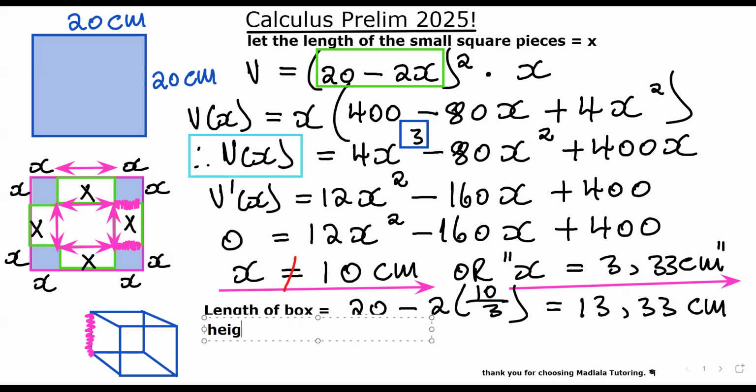And the height of the box, what is it going to be? Well, the height is just x. So the height here is simply going to be 3.33 centimeters. Those are the dimensions of the box for which the volume here will be a maximum.